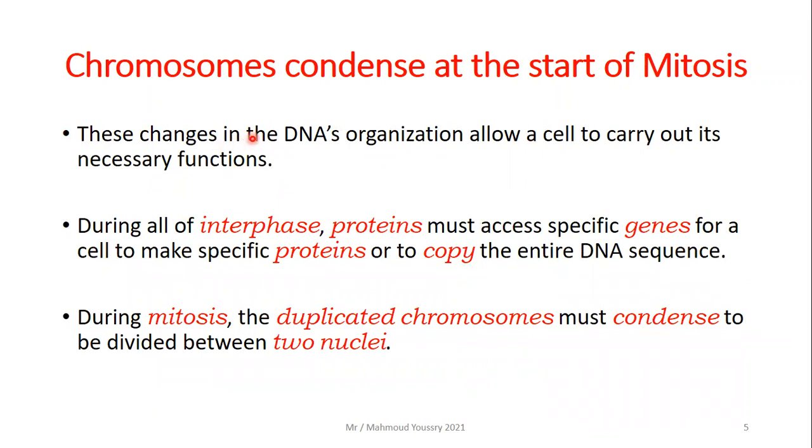These changes in the DNA's organization allow a cell to carry out its necessary functions. During interphase, proteins must access specific genes for a cell to make specific proteins or to copy the entire DNA sequence. During mitosis, the duplicated chromosomes must condense to be divided equally between the two new nuclei.